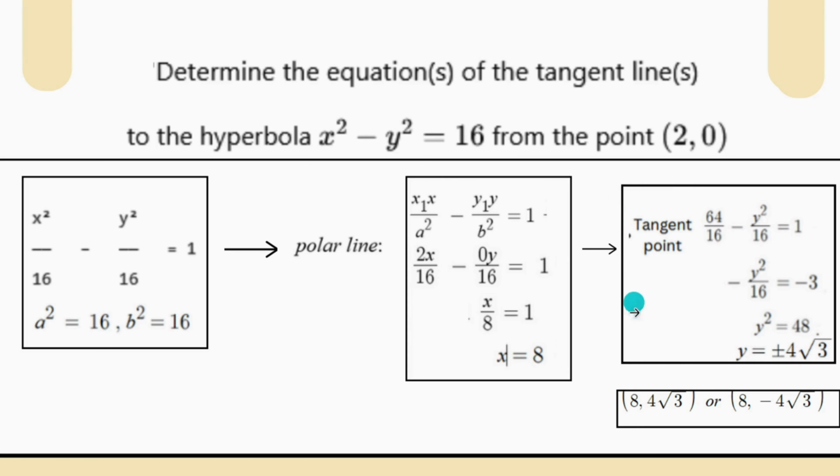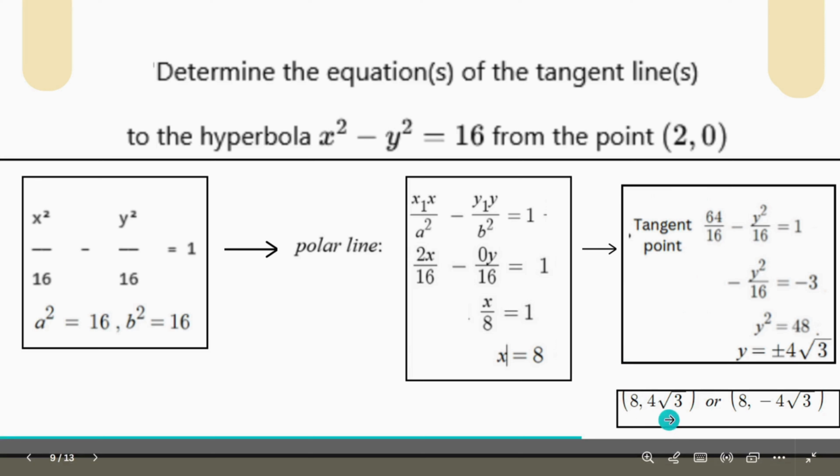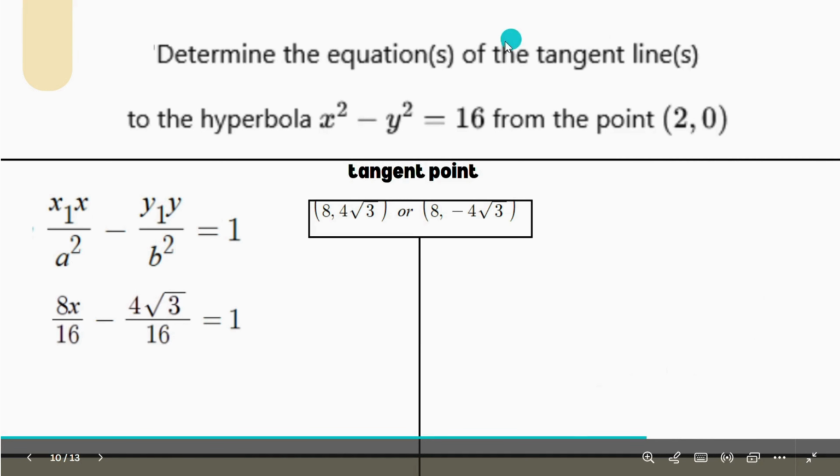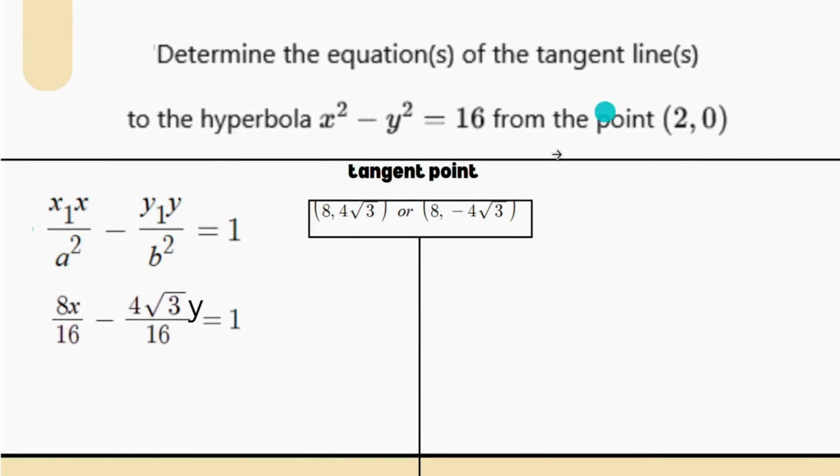So the tangent points are (8, 4 root 3) or (8, minus 4 root 3). And after we get the tangent points, we can find the tangent lines.